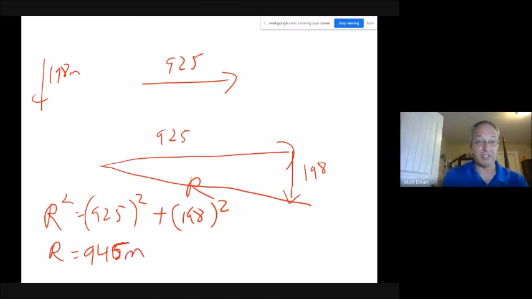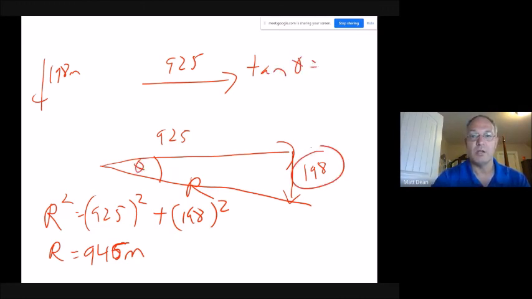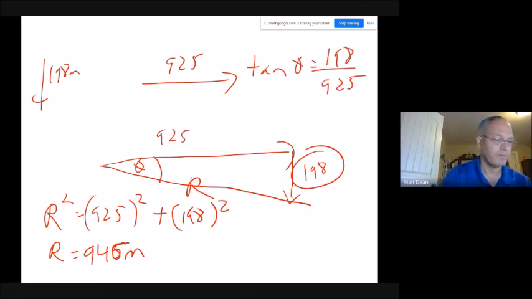And remember, that's just the magnitude. We need a direction. So we need to find the angle between our resultant and the horizontal. We'll find that using tangent. Call this theta. So tangent of theta is equal to opposite 198 over adjacent 925. 198 divided by 925, take the shift tangent, and we end up with 12.1 degrees.